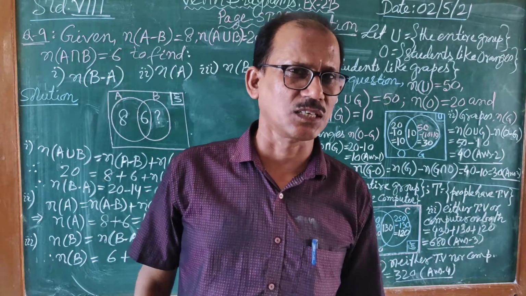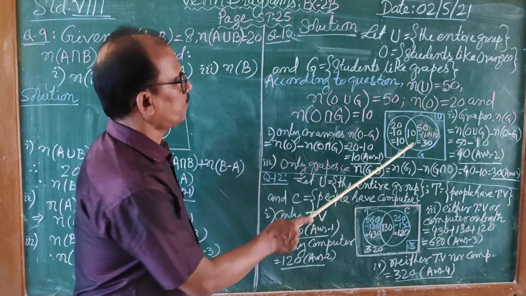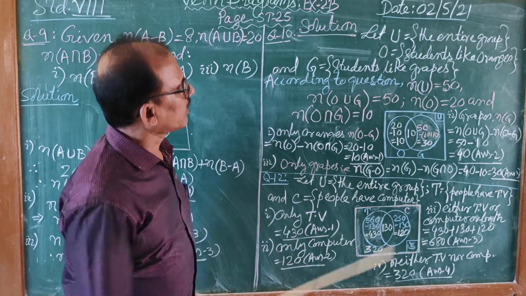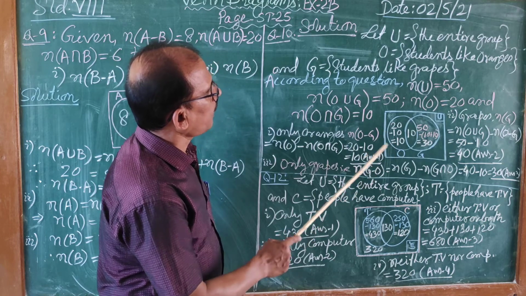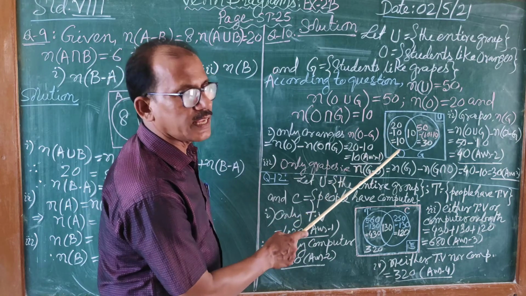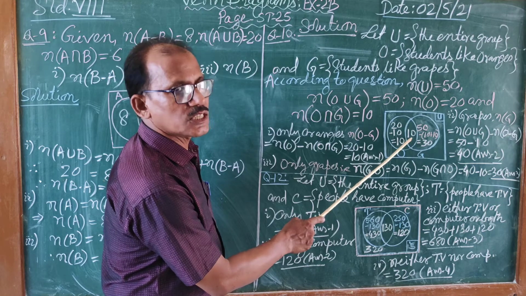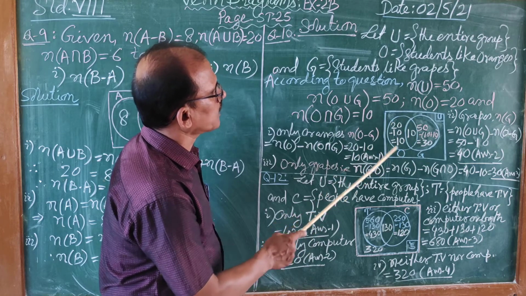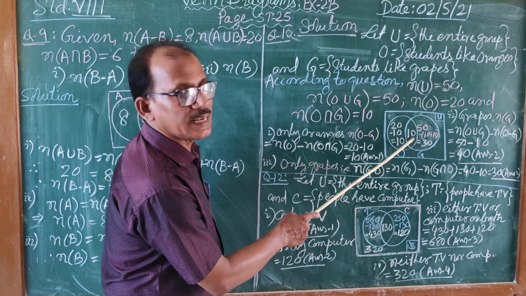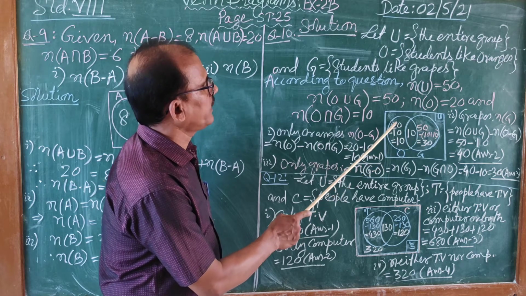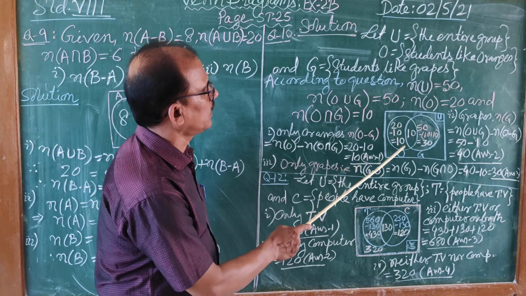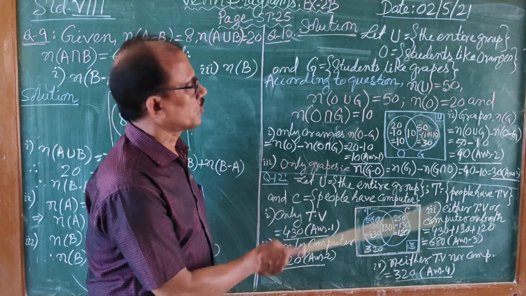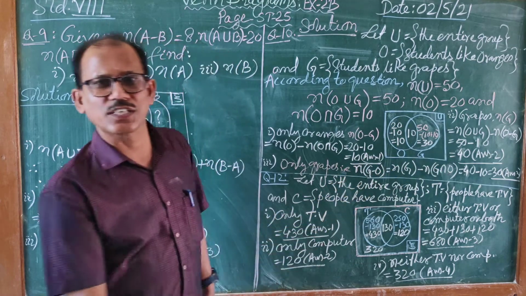If you know the intersection part, first you put that. Now, definitely this will be total number of orange-liking minus this. Altogether it has to be 20, but 10 of them are in the intersection. So 20 minus 10, this part only will be 10. So 10 students like only oranges.